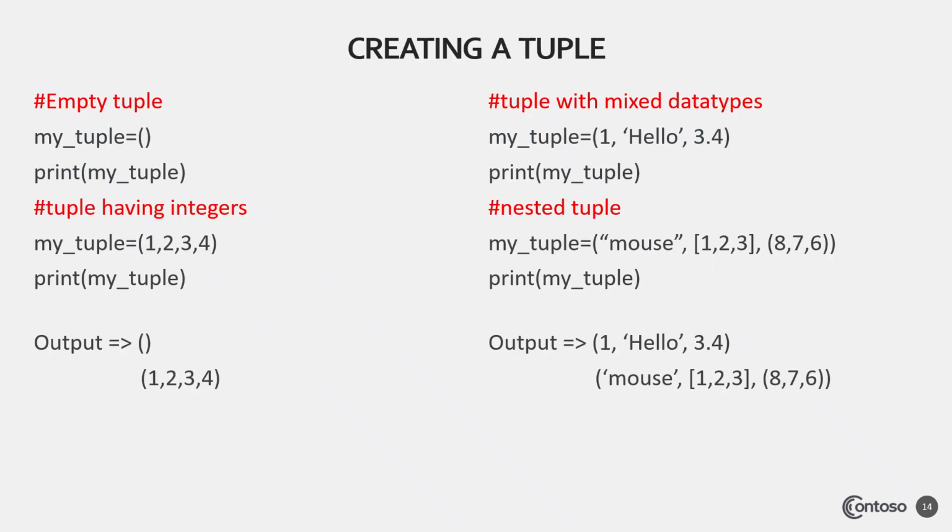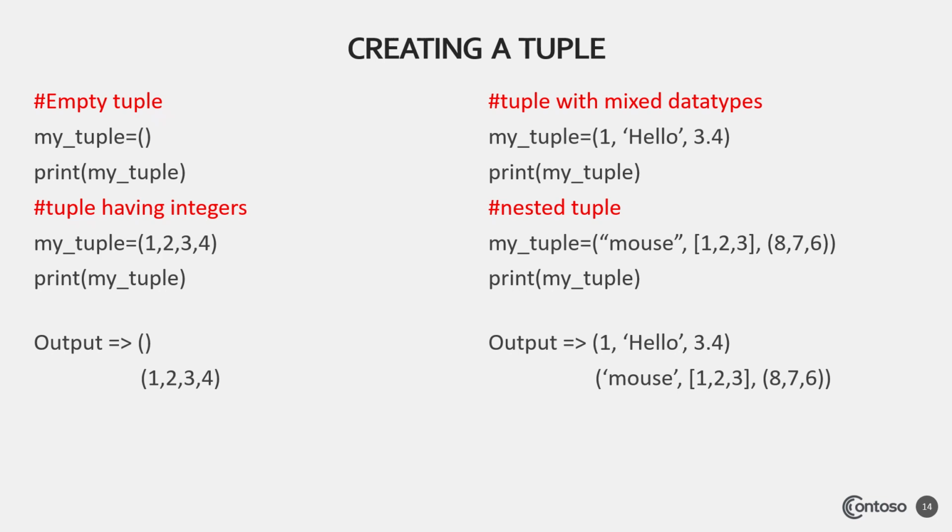So for creating a tuple, there are different ways to create one. We can create an empty tuple by just giving the parentheses and the tuple is printed. Tuple having only integers: we give this second example, 1, 2, 3, 4, only integers. We print the tuple.